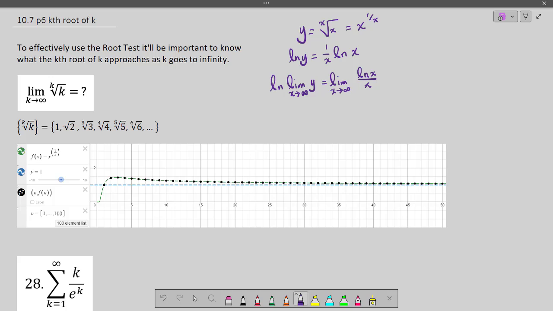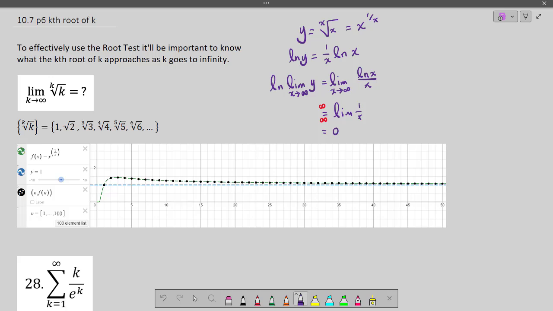So this piece right here, L'Hopital's rule, because we have infinity over infinity, that's going to be the limit as x goes to infinity of, let's see, what's the derivative of the denominator? 1. What's the derivative of the numerator? 1 over x. So we have the limit of 1 over x as x goes to infinity, and that limit is 0.